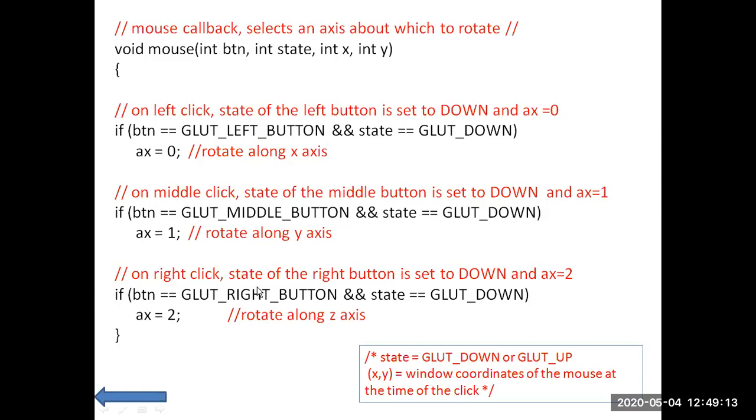If button is equal to GLUT_RIGHT_BUTTON and state is equal to GLUT_DOWN, axis is equal to 2. So rotate along the z-axis. Your state can be either GLUT_DOWN or GLUT_UP, and x, y represent the window coordinate position of the mouse.